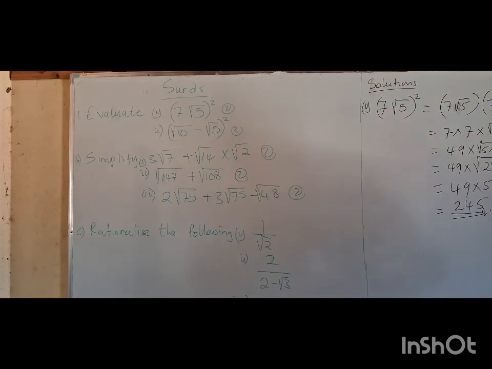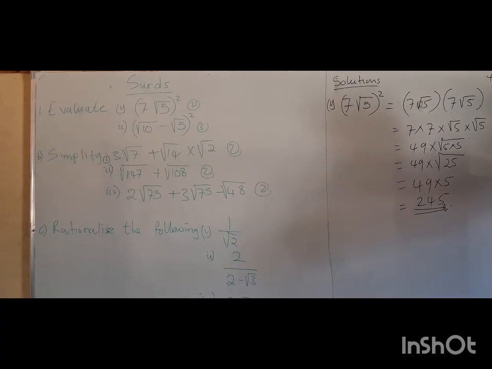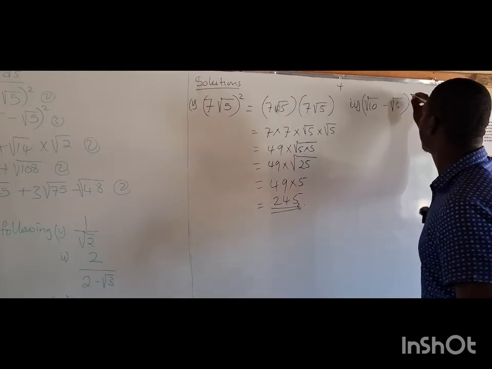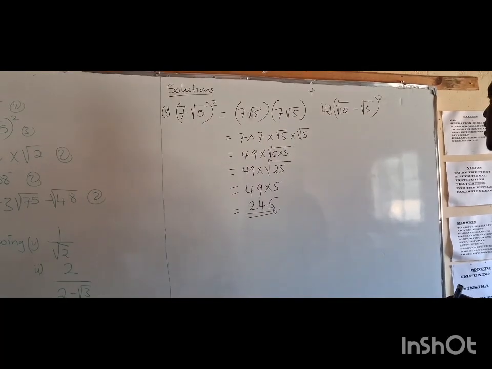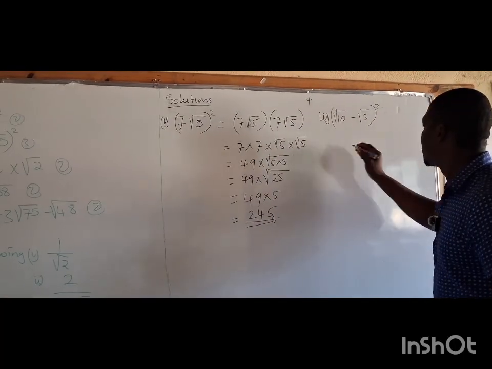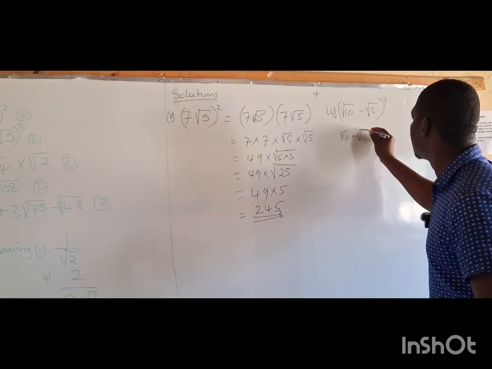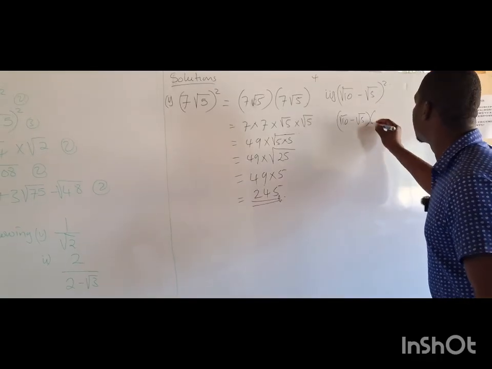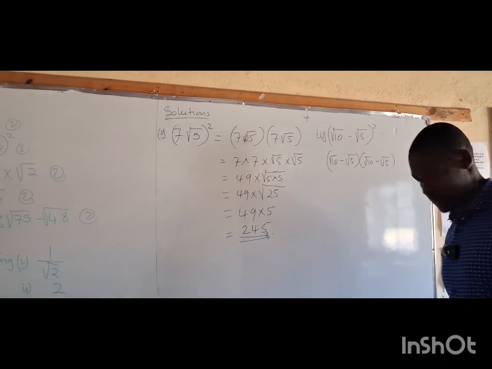Item 2 is saying (root 10 minus root 5) squared, right? We are expanding. We are saying it's root 10 minus root 5 times root 10 minus root 5.